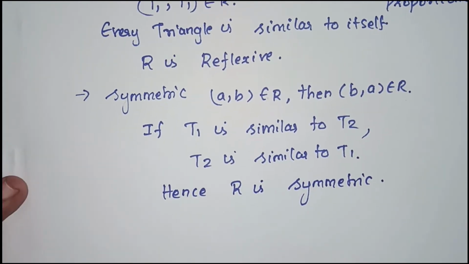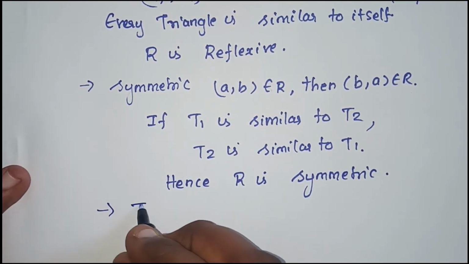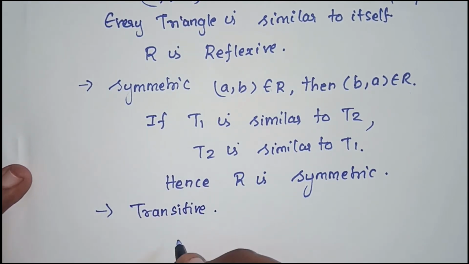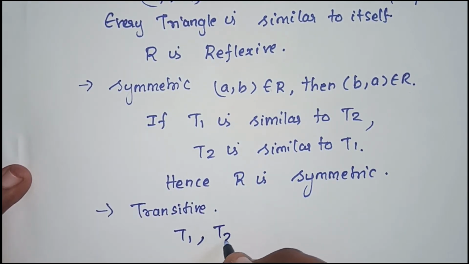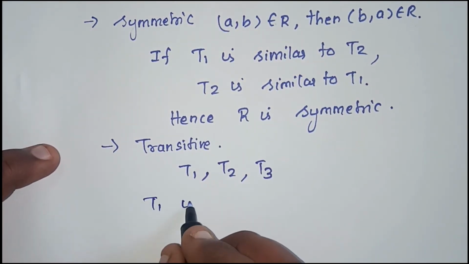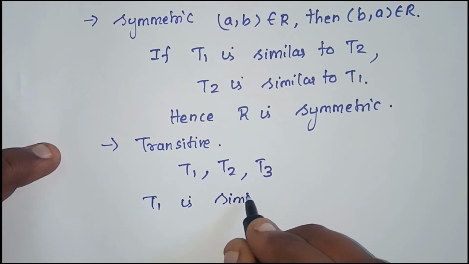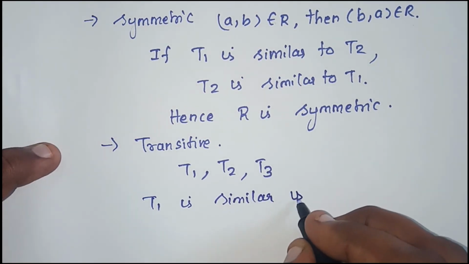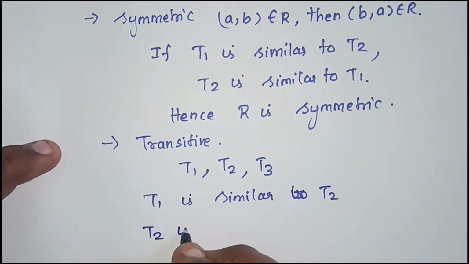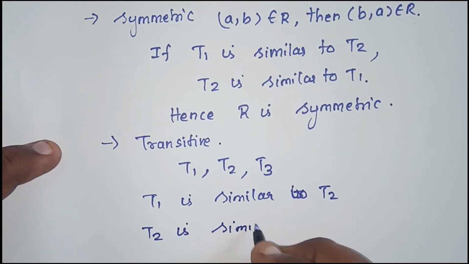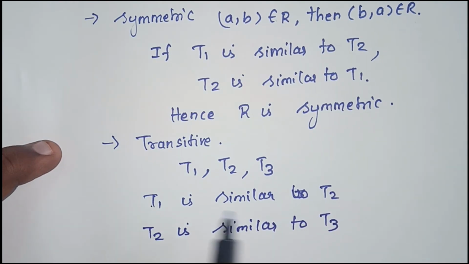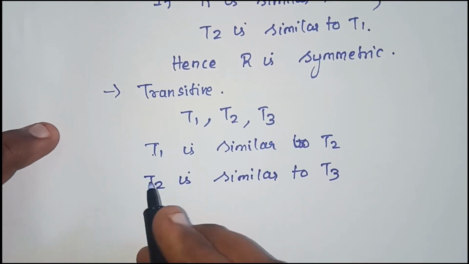Okay, next we need to prove the transitive property. Transitive means we need to take three triangles, right? T1, T2, T3. If the T1 triangle is similar to T2, and T2 triangle is similar to T3, then automatically T1 and T3 are also similar.